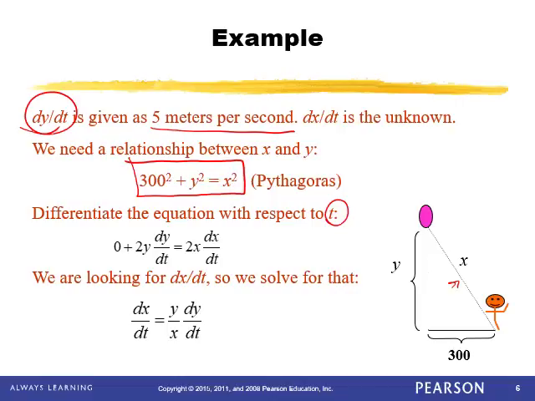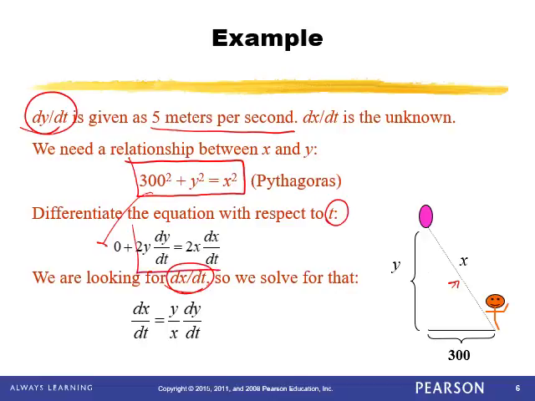The derivative of 300 squared is 0. The derivative of y squared is 2y dy/dt. And the derivative of x squared is 2x dx/dt.